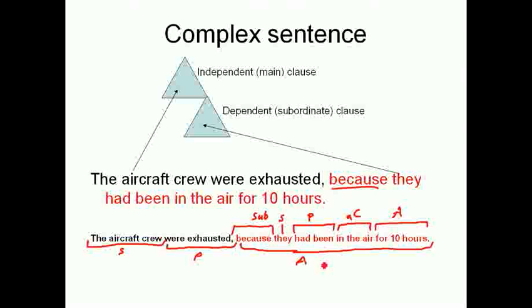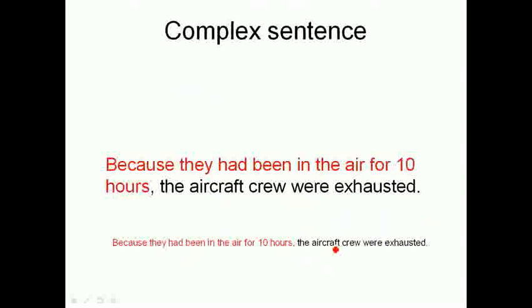So this would be an adverbial complement, and this last part is an adverbial. So you can see that you can have a clause within a clause, and that's what a complex sentence is. The relationship is a different kind.